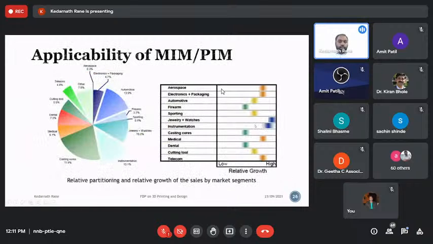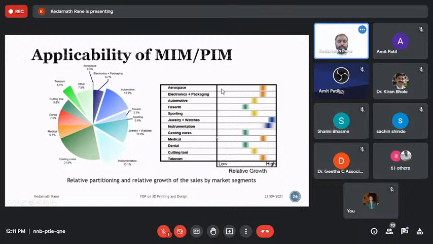When it comes to the use of MIM and PIM processes, relatively growth is there. On the x-axis you can see low and high. Although the process is very much mature for jewelry and some aesthetic applications, instrumentation, very complicated systems, it is equally appreciated for aerospace, electronic packaging, medical and telecom industries.